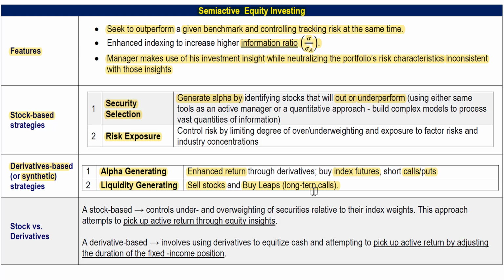That means when the market starts moving, your call option moves in the same pattern. So this is called a delta equal to 1 position. When you learn derivatives, you're going to see more about this. But anyhow, selling the stock and buying a long-term call option will provide you liquidity.